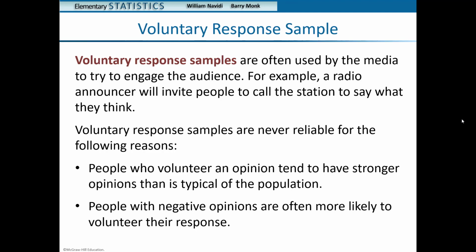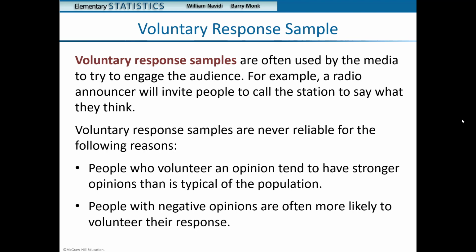Typically, people who volunteer an opinion tend to have stronger opinions than is typical of the population. And then it's also been documented that people with negative opinions are often more likely to volunteer their response, right? So a voluntary response sample will tend to be biased towards those who have stronger opinions and more negative opinions.